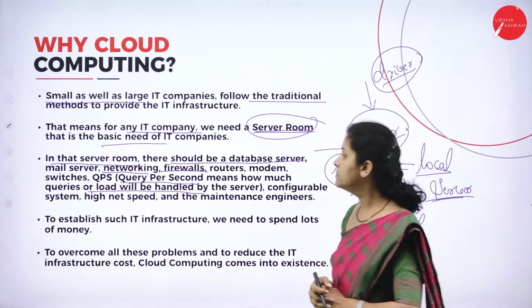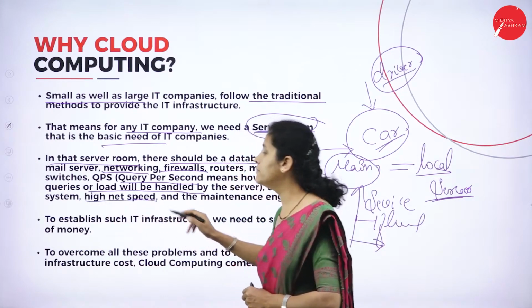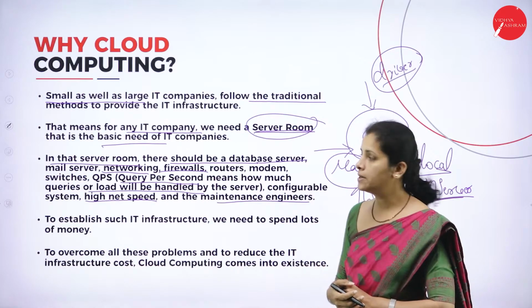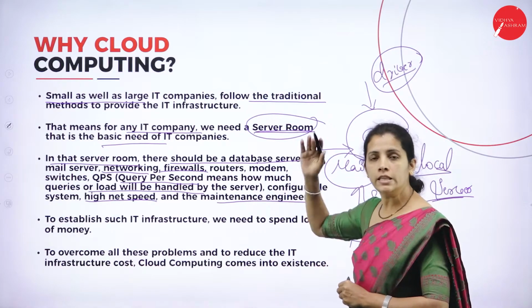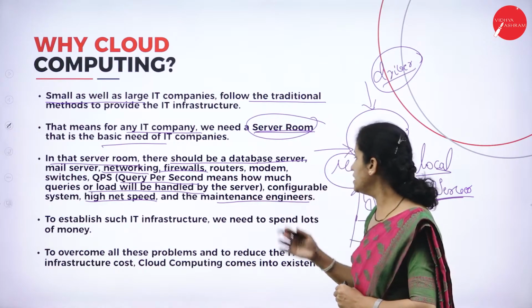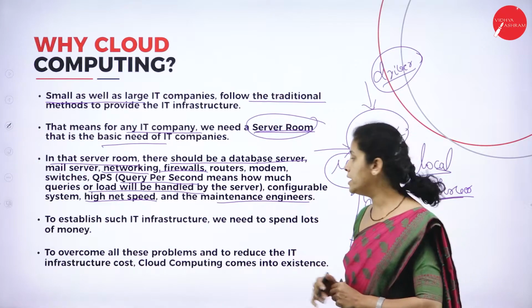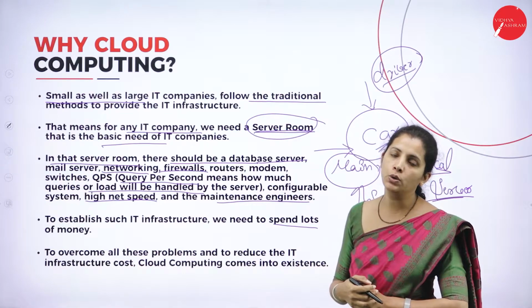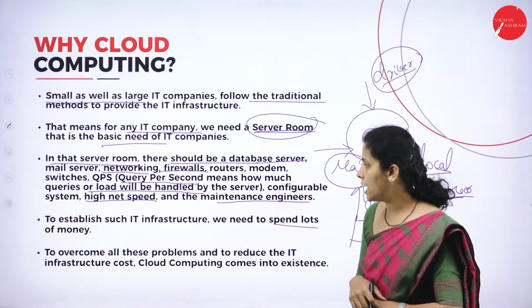They also need a configurable system along with high network speed and maintenance engineers. To establish this kind of IT infrastructure, we need to spend a lot of money and we are going to waste time.